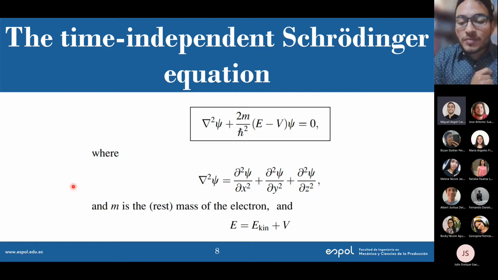I think it was multiplied by an imaginary number or something like that. It's just the Planck's constant divided by 2 pi, so it is a constant, yes. And m is just the mass.